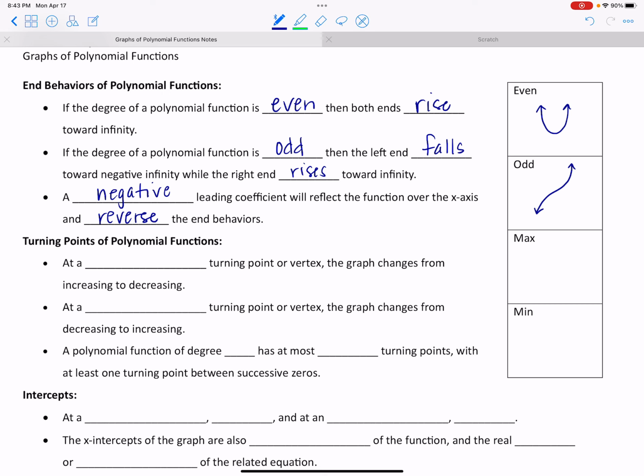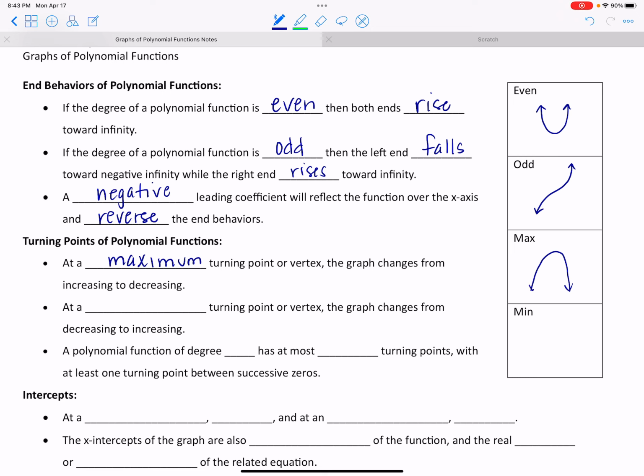We've also discussed turning points as either maximum or minimum vertices on the graph of a polynomial function. In particular, we are going to call that turning point or vertex a maximum if the graph is changing from increasing to decreasing. So a maximum vertex or turning point might look something like this.